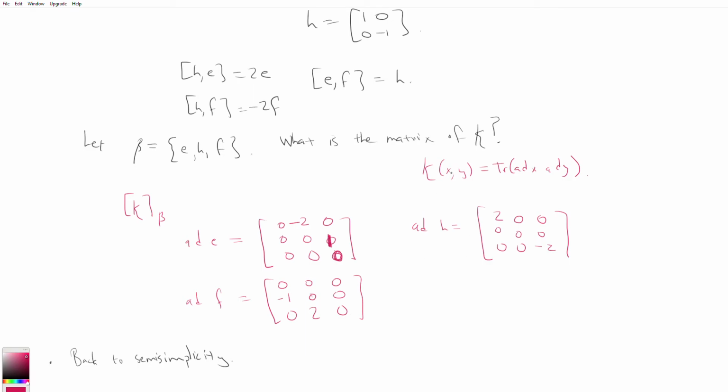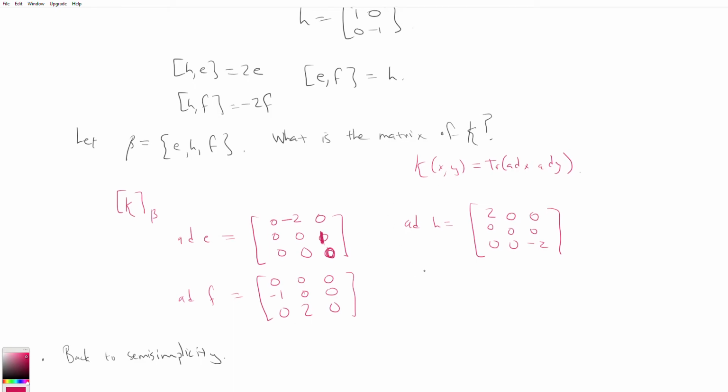And so, of course, now if you want to compute the matrix, it looks something like this. Kappa of e comma e, kappa of e comma h, kappa of e comma f, and then kappa of h comma e, and so on.